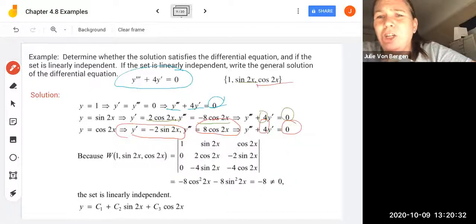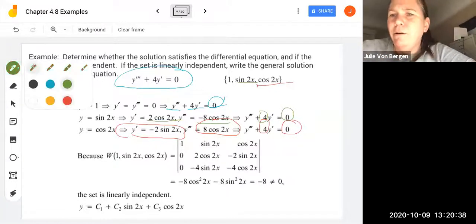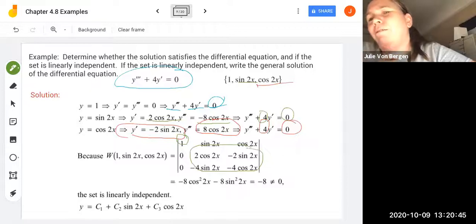Now we're going to check the Wronskian to see if the set is linearly independent. Again, because we've got the zeros here, we can choose 1 and then just the other values in our cofactor expansion. If we choose sine 2x, the zeros below the 1 are going to cancel that out. Similarly, if we choose cosine of 2x, the zeros are going to cancel out that determinant.